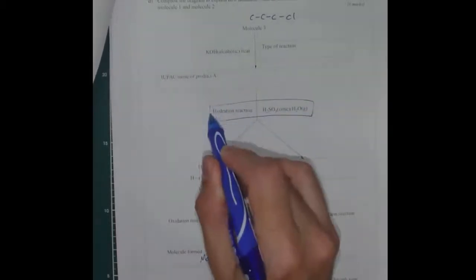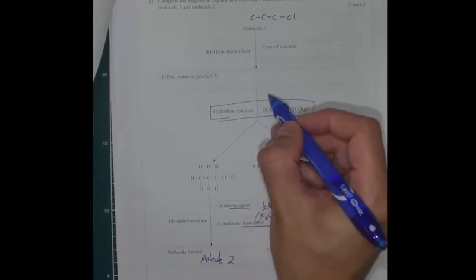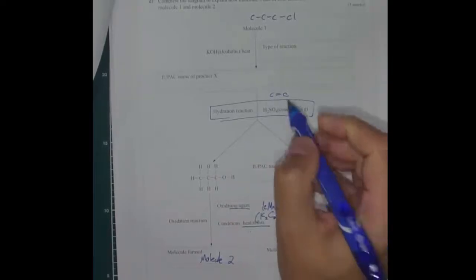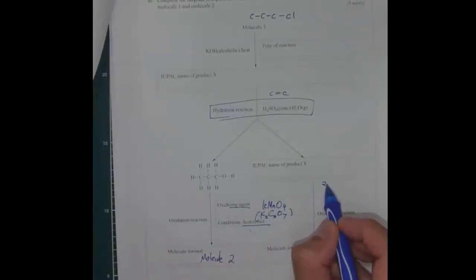Hydration, it's not in your syllabus. So they're adding water, obviously, to a double bond to create that. And so this looks like classic Markovnikov, and that'll go to a ketone, and this will be a secondary alcohol.